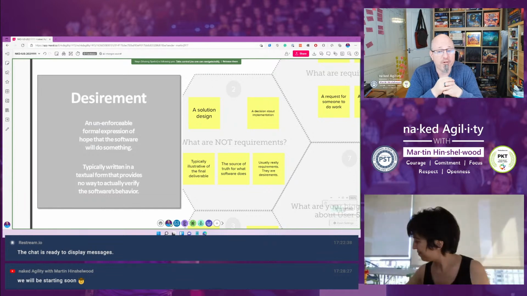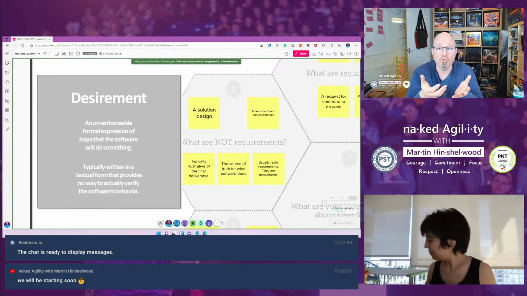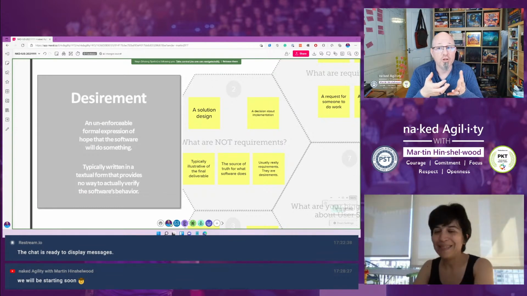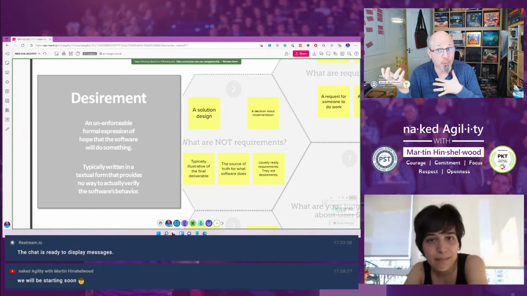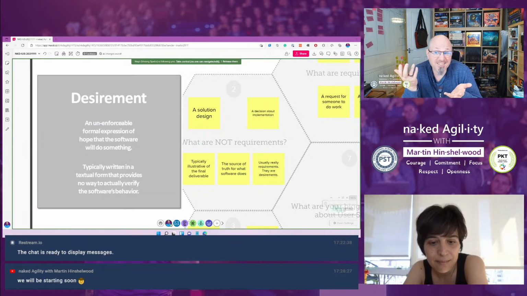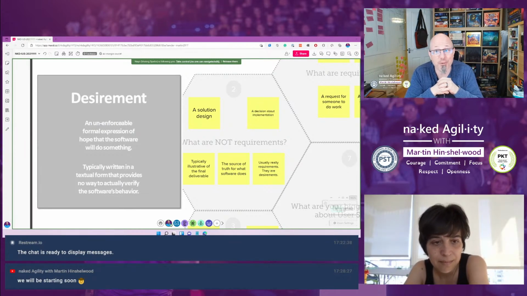Because maybe we created something that wasn't what the users wanted, but was a better way than what they expected to get, or maybe it wasn't. Maybe it was exactly what they wanted and it still wasn't a good way to build the solution.